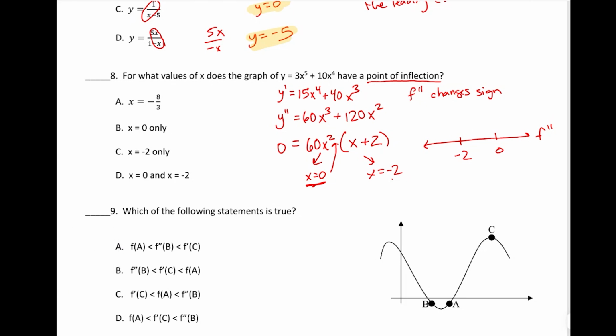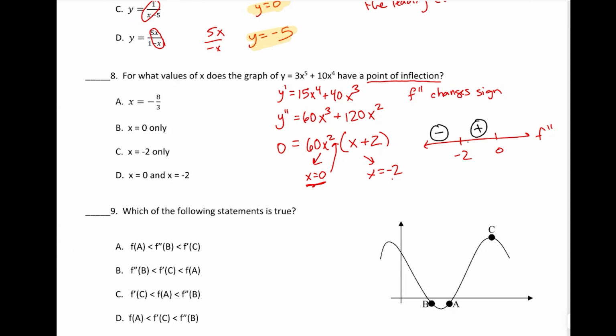If I plug in a number like -5, I'm going to get a positive times a negative, which is negative. If I plug in -1, I'm going to get, well, hang on here. If I plug in, did I plug that in incorrectly? -5 would be a positive times a negative is negative. Okay, so yeah, if I plug in -1, I'm going to get a positive times a positive, which is positive.